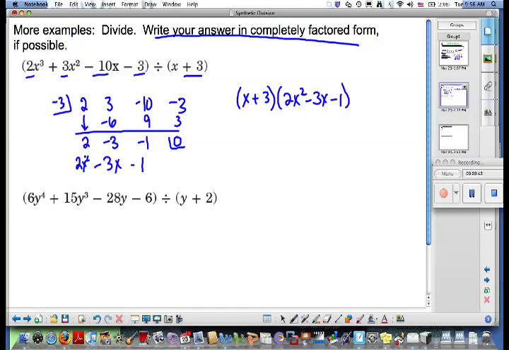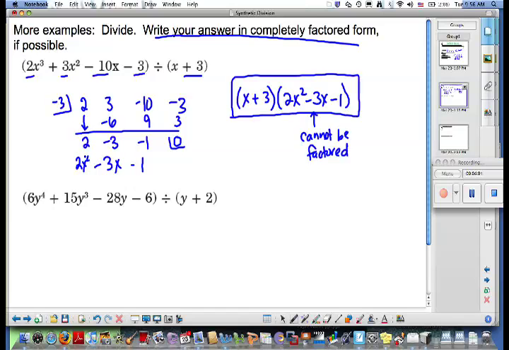That is completely factored form. 2x squared minus 3x minus 1 cannot be factored. If you look at using the 5-step rule, that would be a -2. Nothing multiplies to give you -2 that adds to give you -3. So completely factored form is x plus 3 times 2x squared minus 3x minus 1. If this could be factored, you would need to do that in order for it to be completely factored.